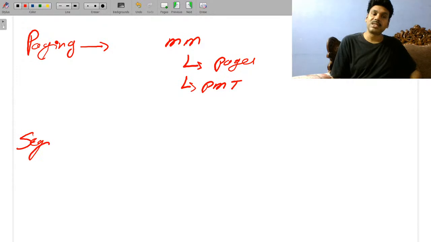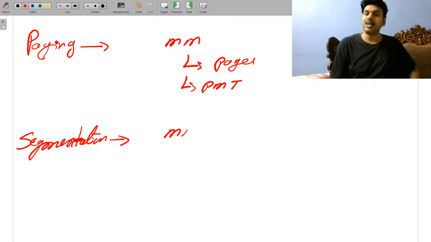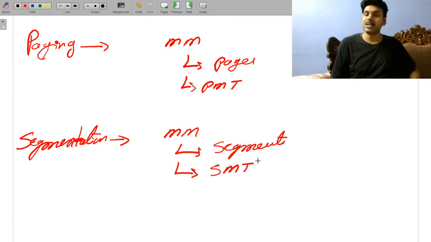If I am using segmentation, you know its pros and cons, I'm not going to revise it. Your main memory consists of segments and a segment map table. If I combine these together, then what is going to happen?